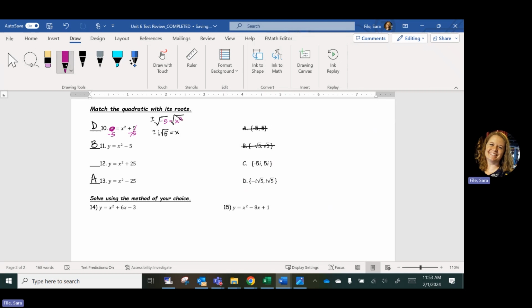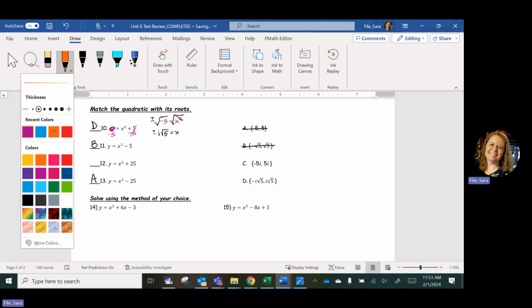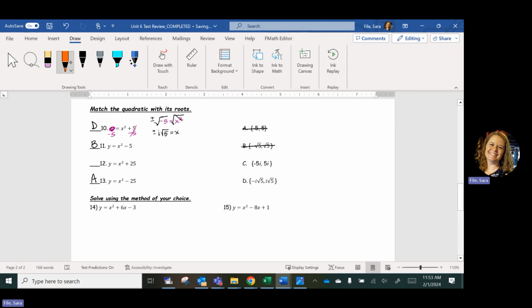Okay, and then we can confirm that. I know there's only one left, so by process of elimination, it must be C, but we'll just double check it.